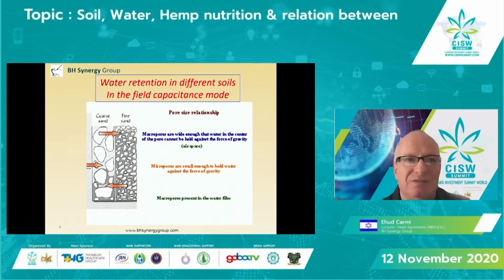So in this form of crop, we will need to irrigate more times a day in small quantities, so that every time the plant gets the maximum water needed.